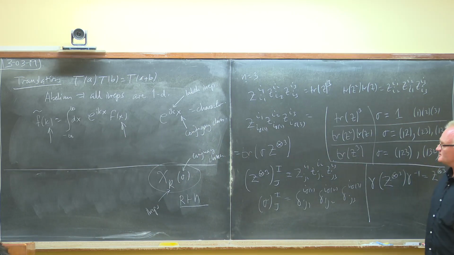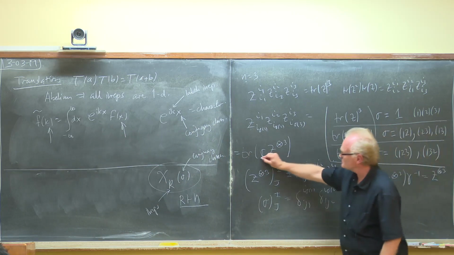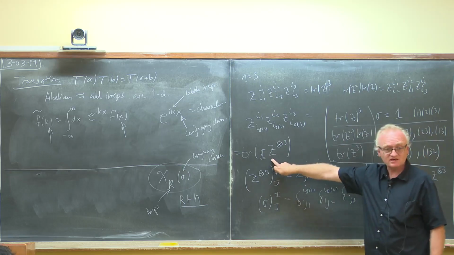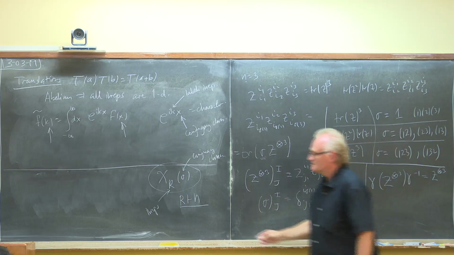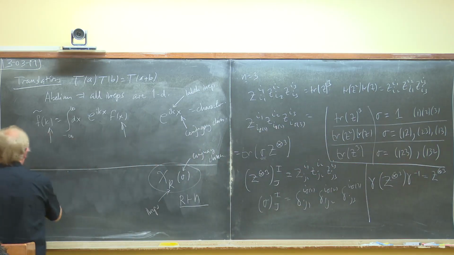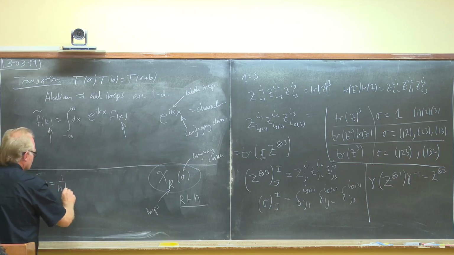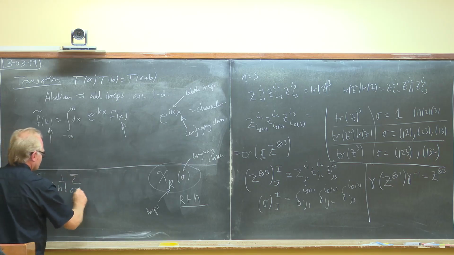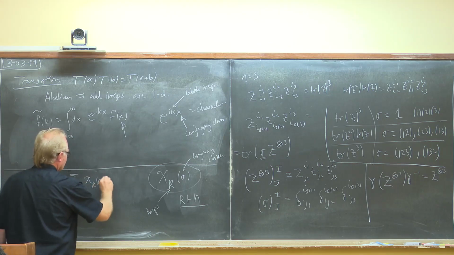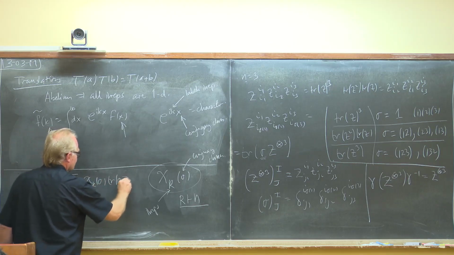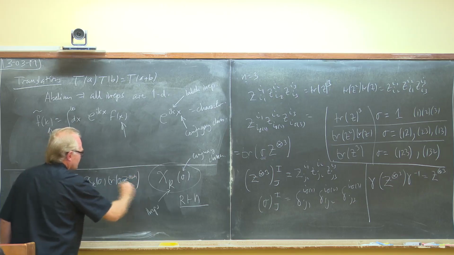Now we're going to change from a function defined on the conjugacy classes to something defined on the irreducible representations. So chi_R of Z is equal to 1 over n factorial, the sum over sigma an element of S_n, of chi_R of sigma times the trace of sigma Z tensor n.